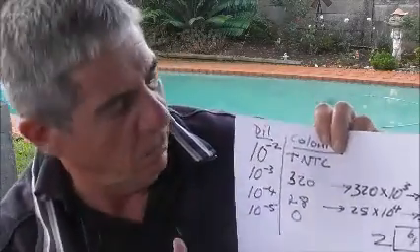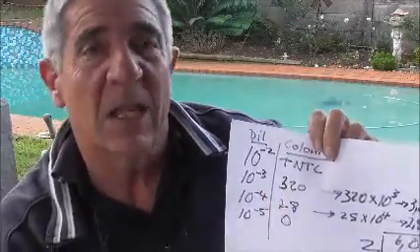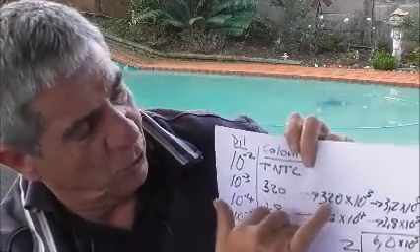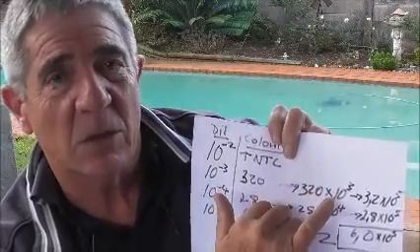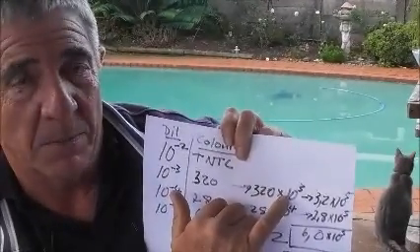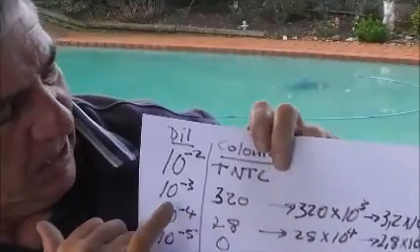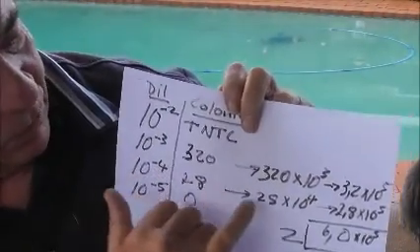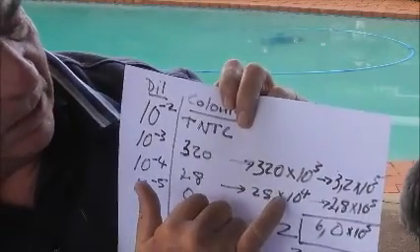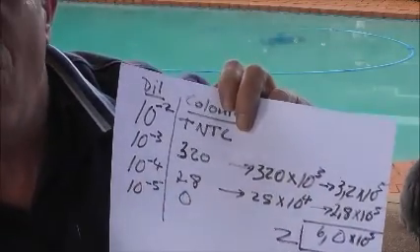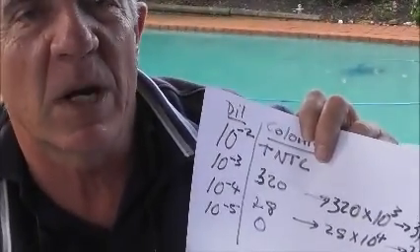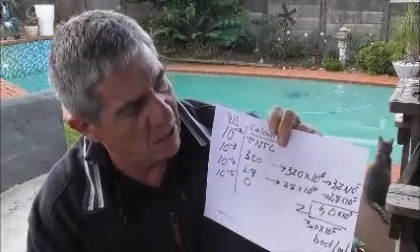Do you agree with me that the reciprocal of it is 320 times 10 to the power 3? And the reciprocal of 28 times 10 to the minus 4 is 28 times 10 to the power 4. Let me show you how you can calculate it quickly in your head without a calculator.